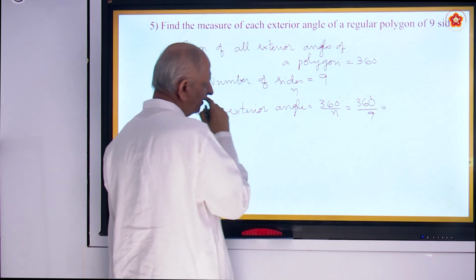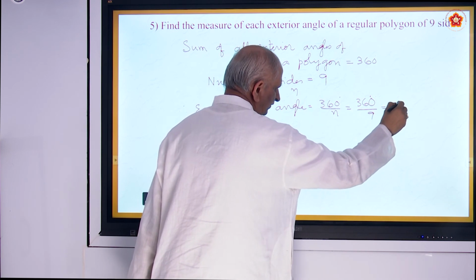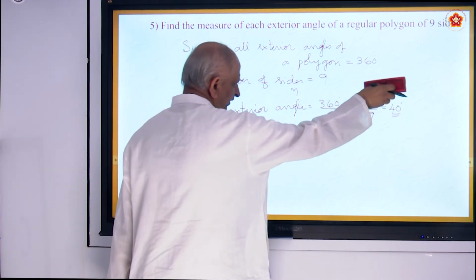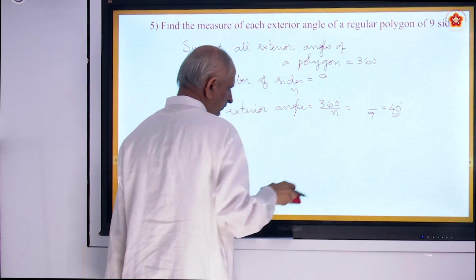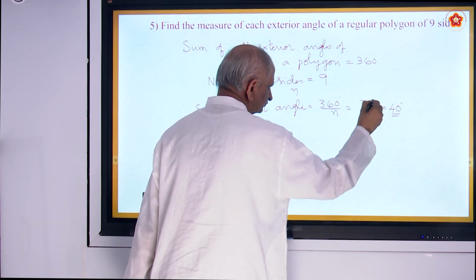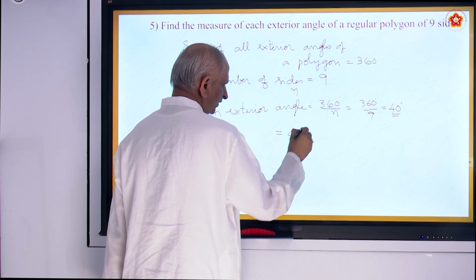That is how much? 9 ones are 9, 9 fours are 36, 40 degrees. So each exterior angle becomes 40 degrees. Answer is 40 degrees.